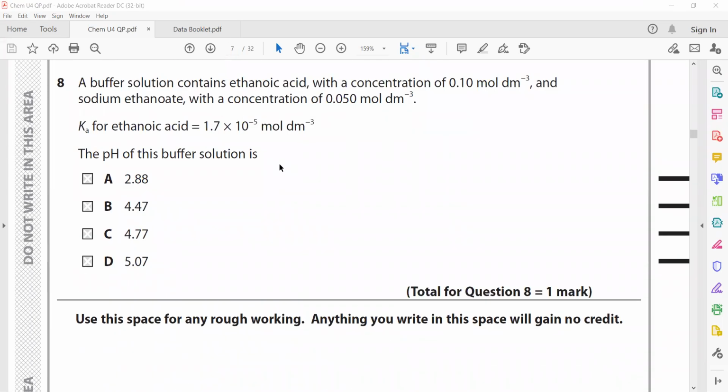A buffer solution contains ethanoic acid with a concentration of 0.1 and sodium ethanoate with a concentration of 0.05. The Ka of ethanoic acid is 1.7 × 10^-5. What is the pH of the buffer solution? How do we work out the pH?